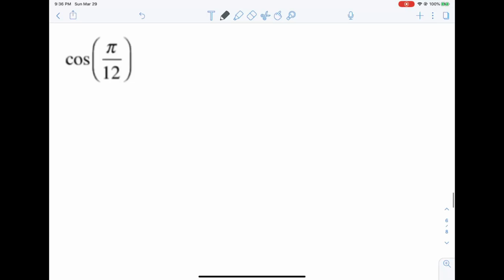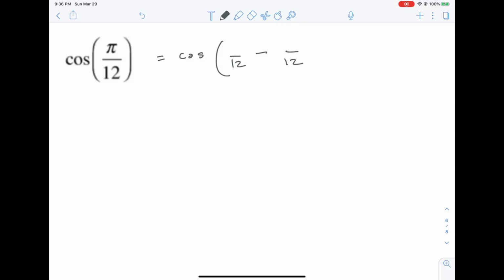The cosine of pi over 12. Now, there's no way that we can add 2 radians to get pi over 12. That's just not going to happen. So this is going to be an example where we're going to use a minus to split this up. Now we need 2 radians that when you subtract them, you wind up with pi over 12.